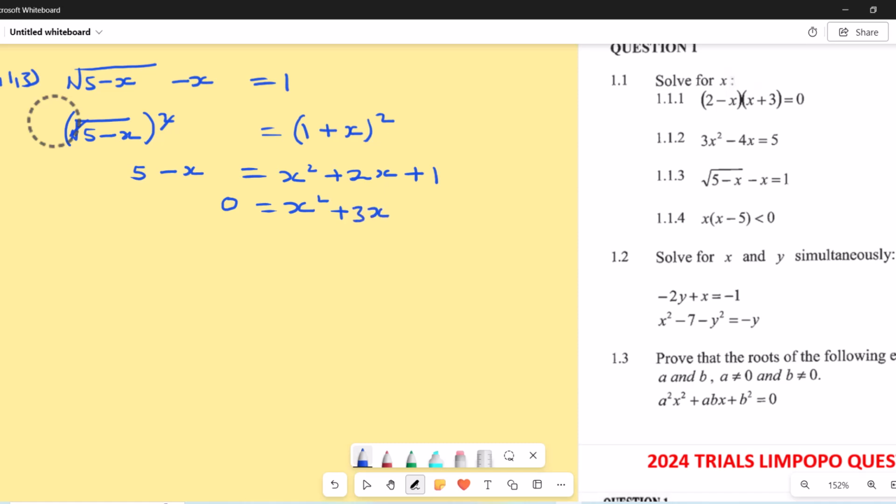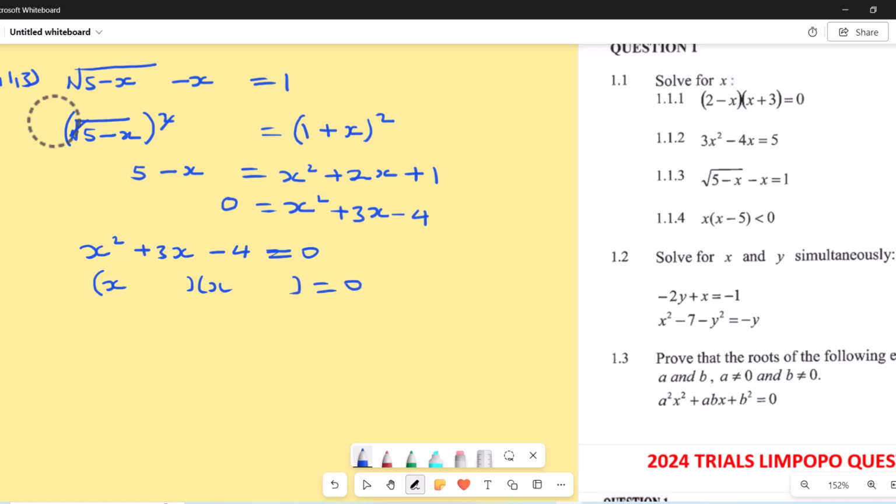Then this positive 5 becomes a negative, so 1 minus 5 gives us minus 4. If I factorize this, I can write it properly as x squared plus 3x minus 4 equals 0. So in this case, my factors are going to have x here, equals 0.